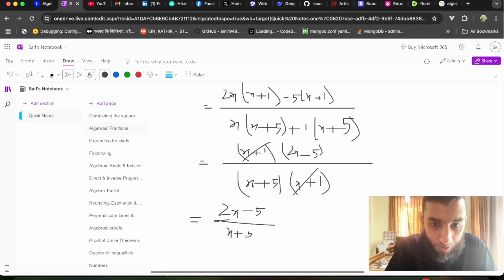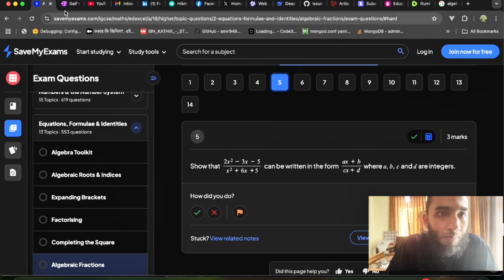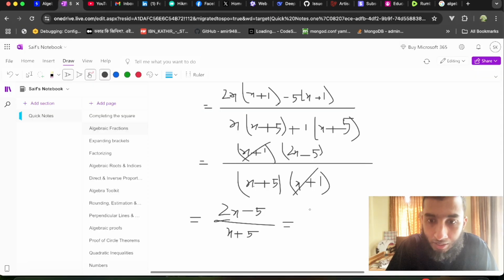So this can be written as what? Because we have to show ax plus b divided by cx plus d, this can be written as a, or 2 multiplied by x plus minus 5, which is b, divided by c, or 1 multiplied by x plus d, which is 5.